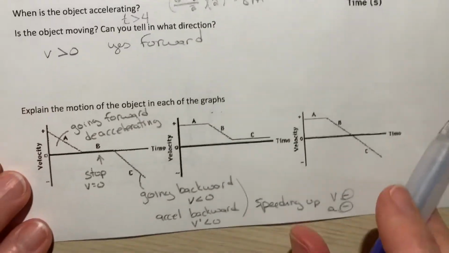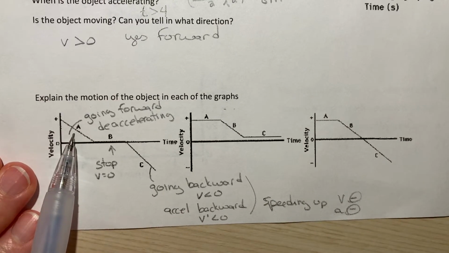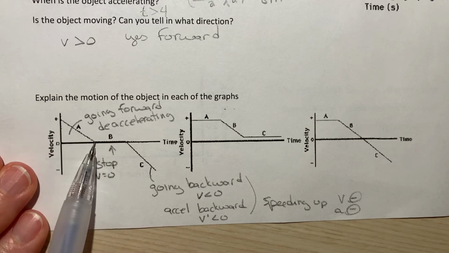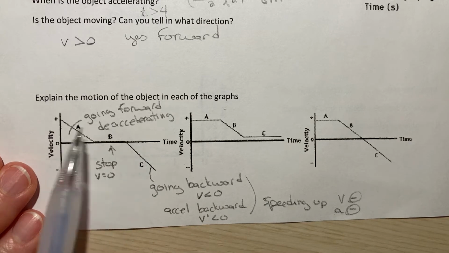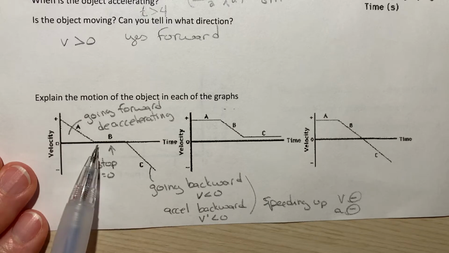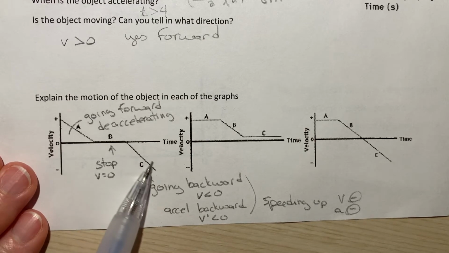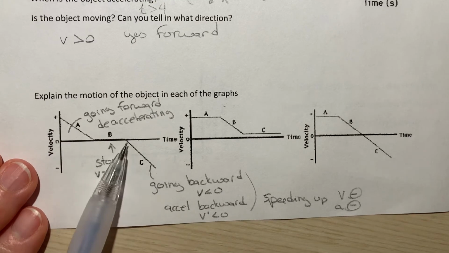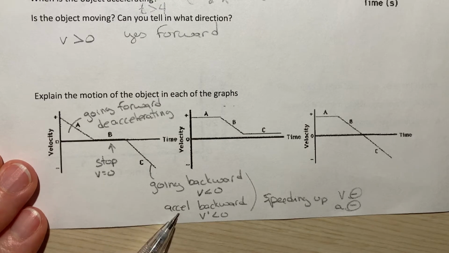I'm just going to talk about one of these graphs quickly. On this graph, velocity is positive, so it's moving forward, but the slope of this line is negative, so acceleration is negative, so it's decelerating. Here, velocity is 0, so it's stopped. Here, velocity is negative, so it's moving backwards. The slope of this line is also negative, so acceleration is negative.